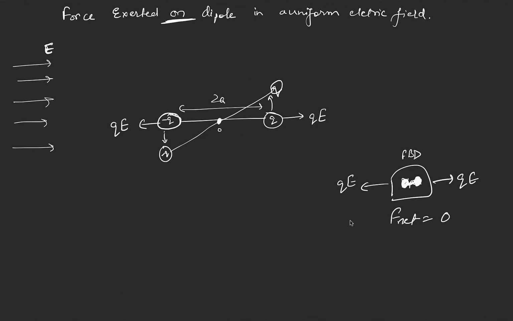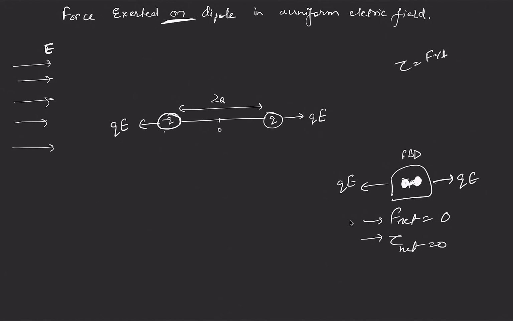So first of all, you have to understand that this position is an equilibrium position, because in this position the net force is 0 and net torque is 0. So you can calculate torque at any point. Let's say you calculate torque at point origin, then torque is given by force into perpendicular distance of the force.